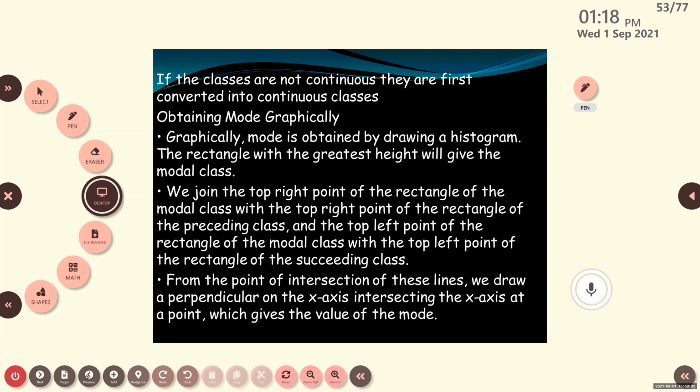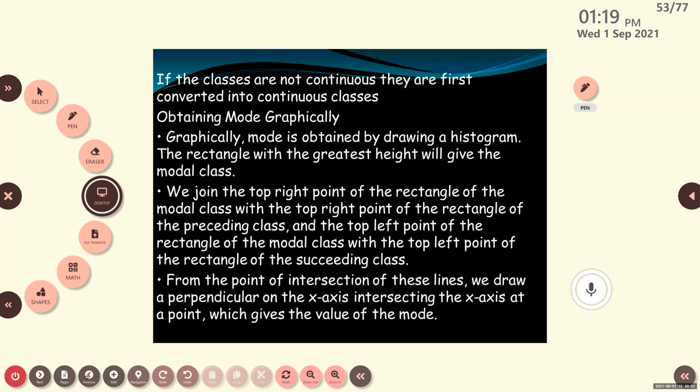Ma'am, we must join the top right point of the rectangle of the modal class to the top right point of the preceding class. Then the top left point of the modal class with the top left point of the succeeding class.